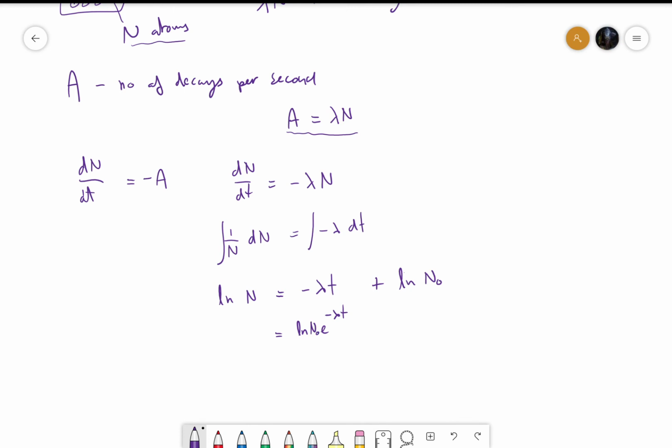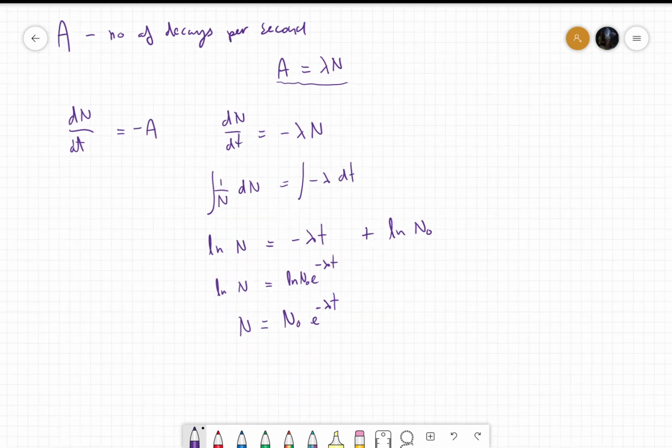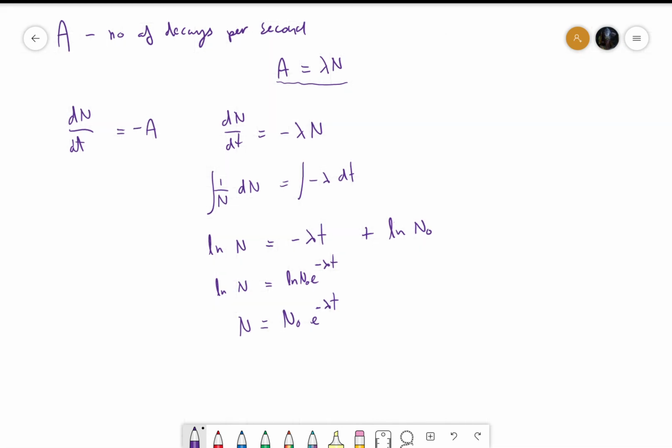According to the rules of logs, I can write that as ln N equals ln N naught e to the minus lambda t, and therefore N is equal to N naught e to the minus lambda t. If we think about this, if I set t to be equal to 0, then e to the minus lambda t is just equal to 1, and therefore N is equal to N naught.